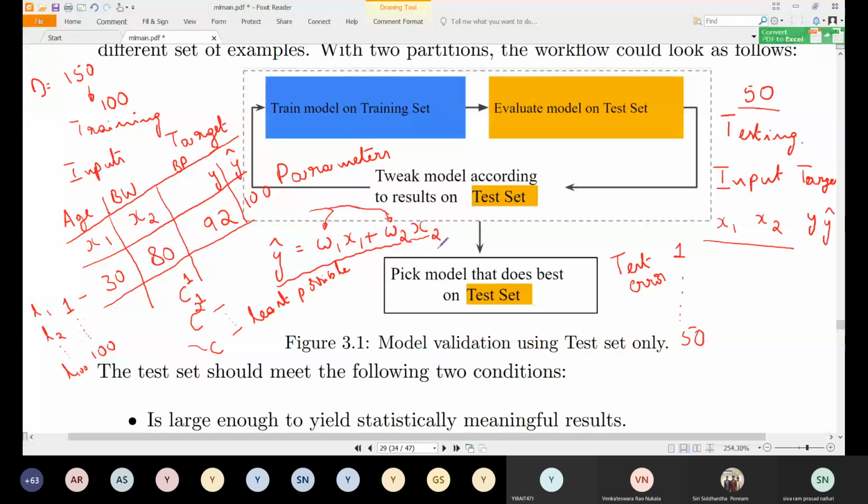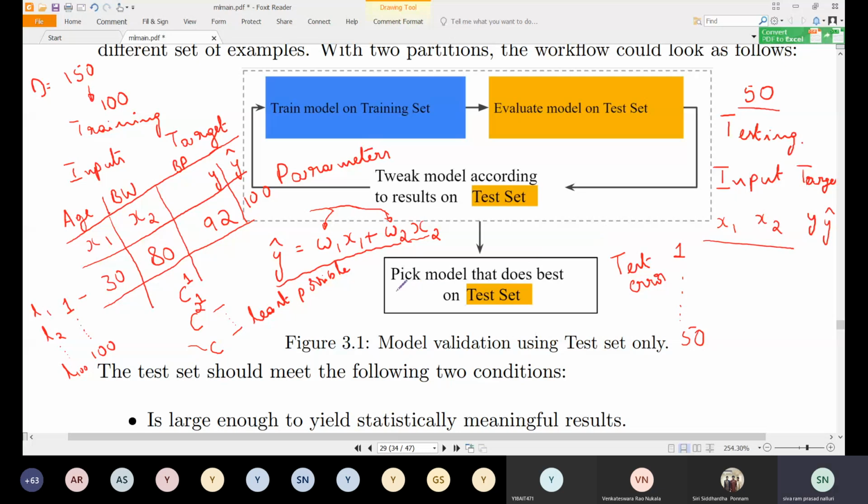When both the training performance and test performance are high, in other words, if the training error and the test error are both low, we say that the model is fit for commercial use.